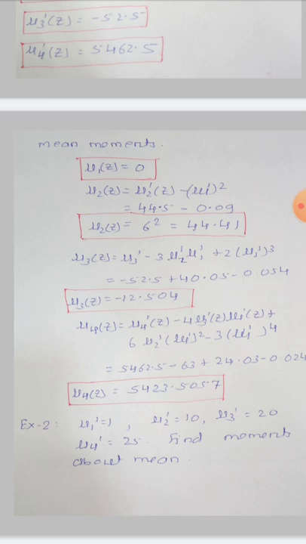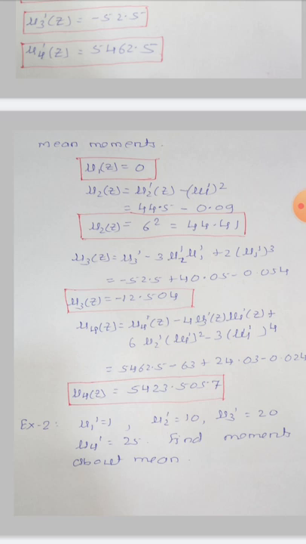Similarly, the fourth mean moment formula is mu 4 of Z equal to mu 4 dash of Z minus 4 mu 3 dash of Z mu 1 dash of Z plus 6 mu 2 dash mu 1 dash square minus 3 mu 1 dash raised to 4.